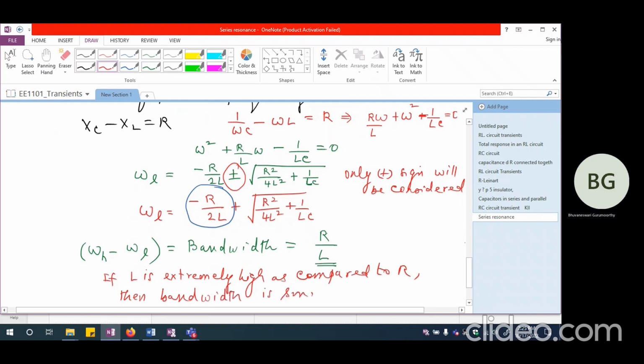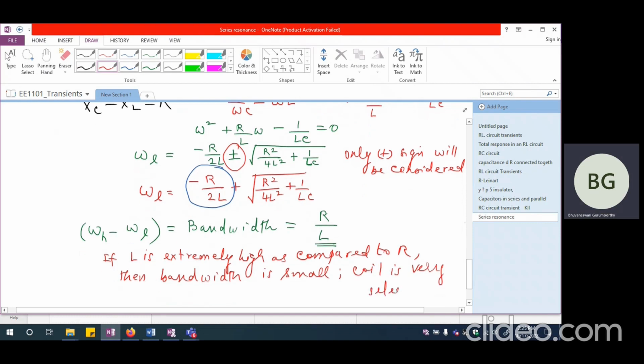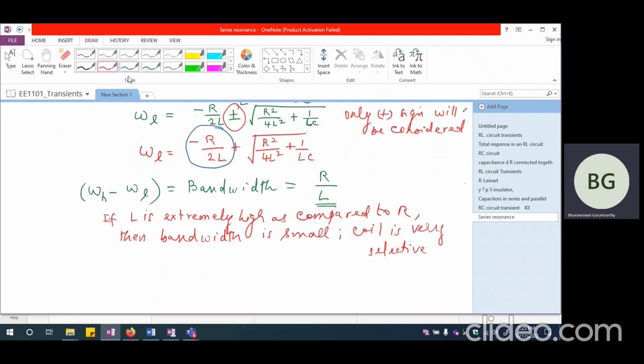That means the coil is going to be very selective. It will not allow any power to be transferred to the load beyond a particular frequency range.